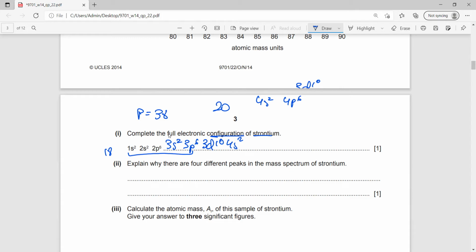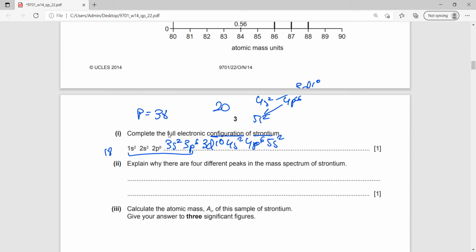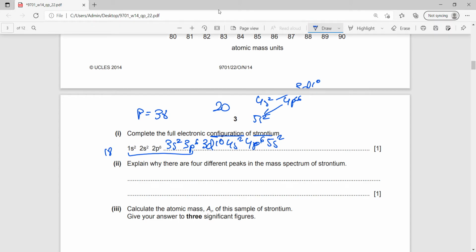So it goes from 3d10, 4s2 to 4p6, and then it goes to 5s2. So first you fill 4p6, and then you get 5s2. And the easier way to do this would be that strontium has 5 shells and it's in group 2, so it has to have a 5s2. Does that make sense? Yeah.